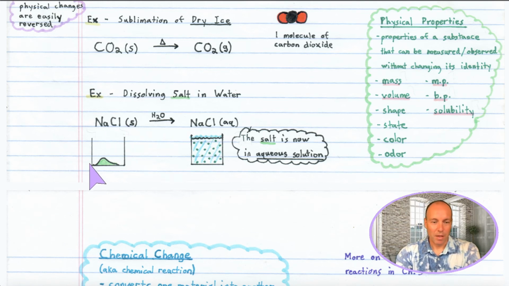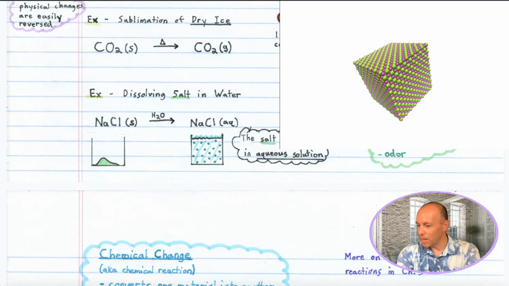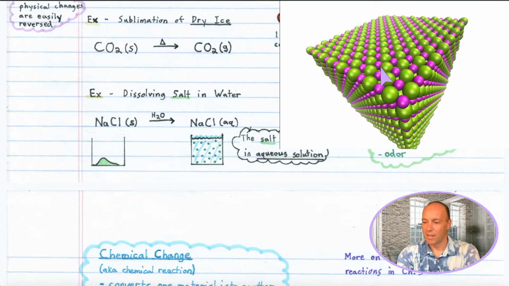Here's a pile of salt inside of a beaker. Imagine if you have a little submicroscopic pair of tweezers and you were able to take out a tiny, tiny morsel that's too small to see, and you zoom in on it, you might see something that looks like this.